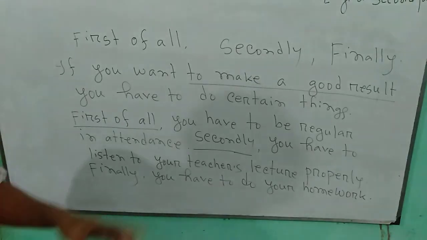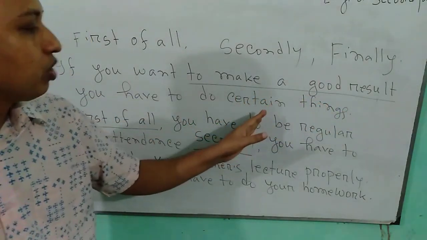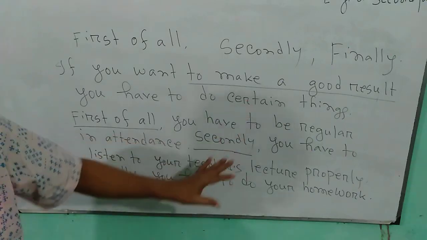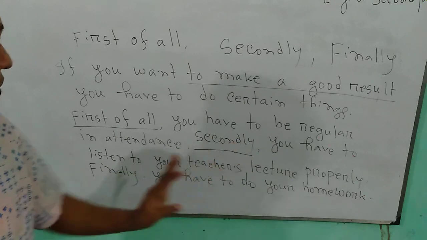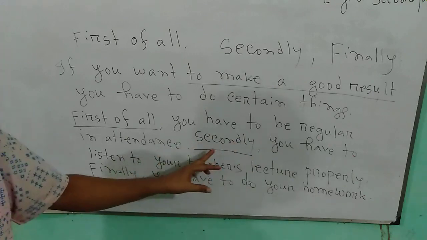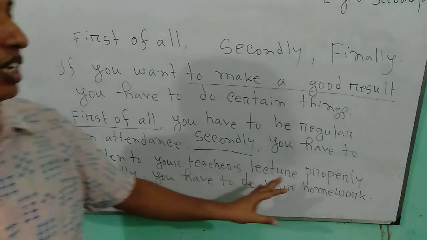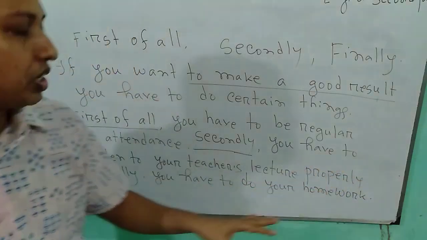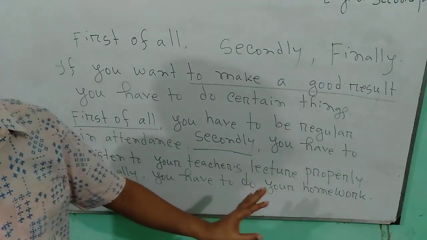So, you want to make a good result. For this, you have to do three things. First thing is you have to be regular in attendance. Second thing you have to do is you have to listen to your teacher's lecture properly. And the last thing is you have to do your homework.